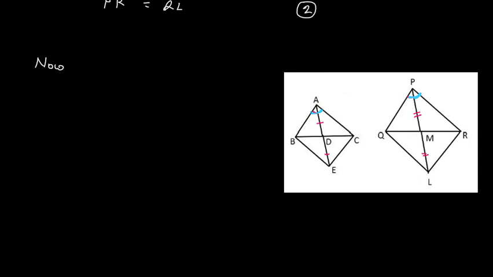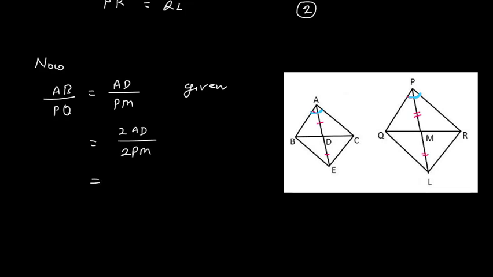Now AB upon PQ is equal to AD upon PM. Okay, this is given. So this will be equal to 2 times AD upon 2 times PM. 2 times AD will be AE upon 2 times PM will be PL. This we will consider the third equation.